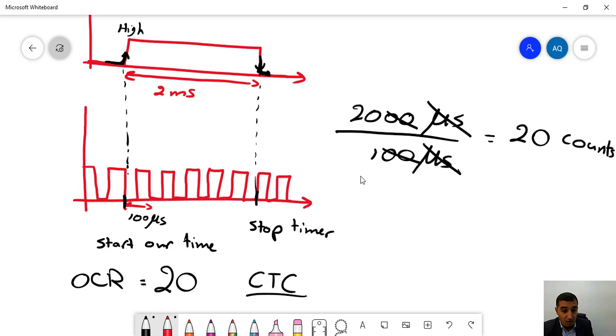So once my count reaches 20, I will take my output pin low, and this way I guarantee that I got the 2 millisecond time period for the signal. So this is basically how it is done as an application.